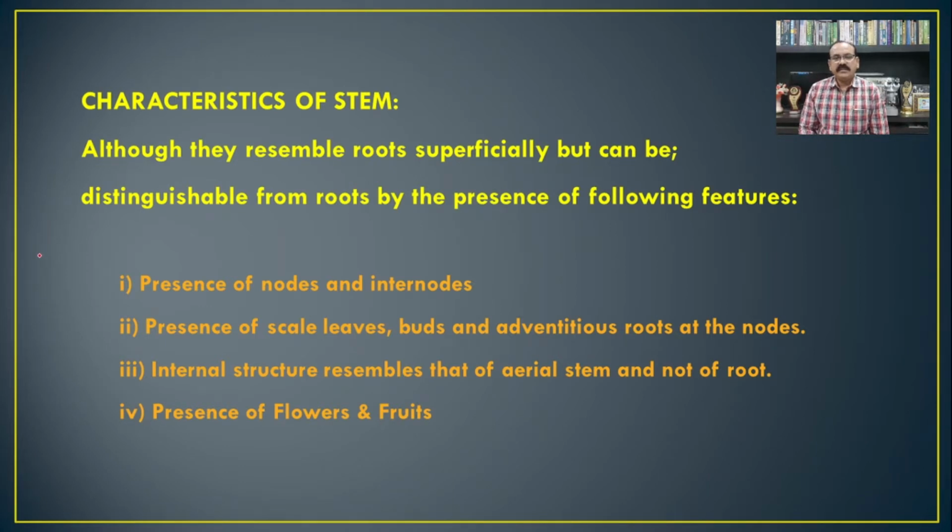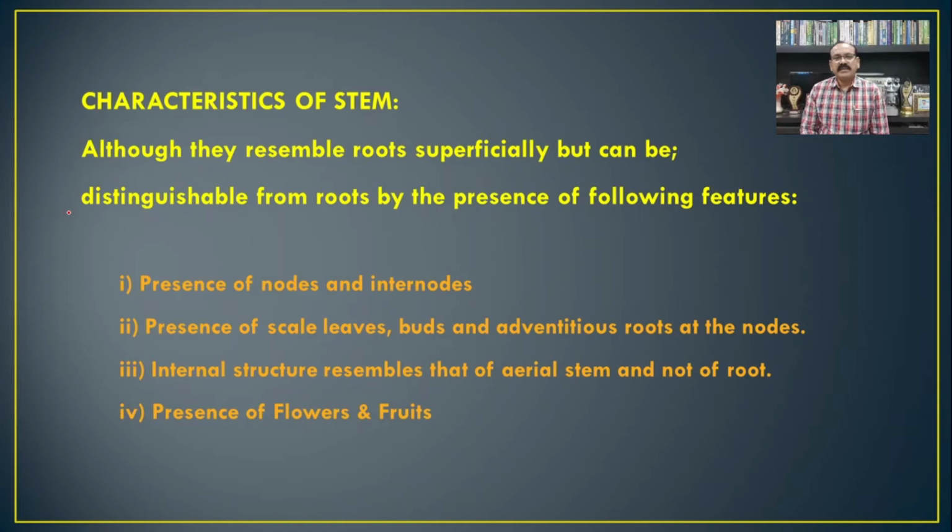If we see the stem, then we will find certain differences among the stem and the roots, as we have seen the root in the second lecture of this lecture series.